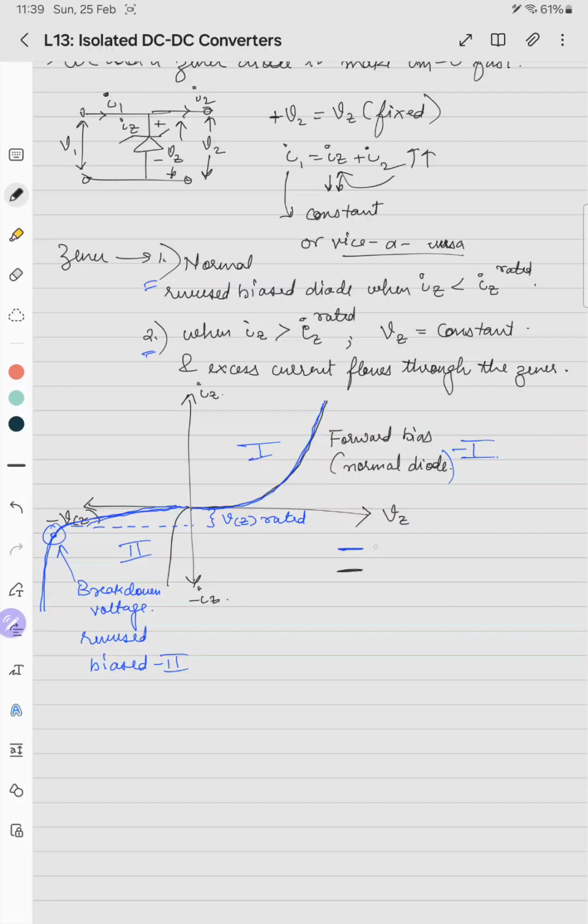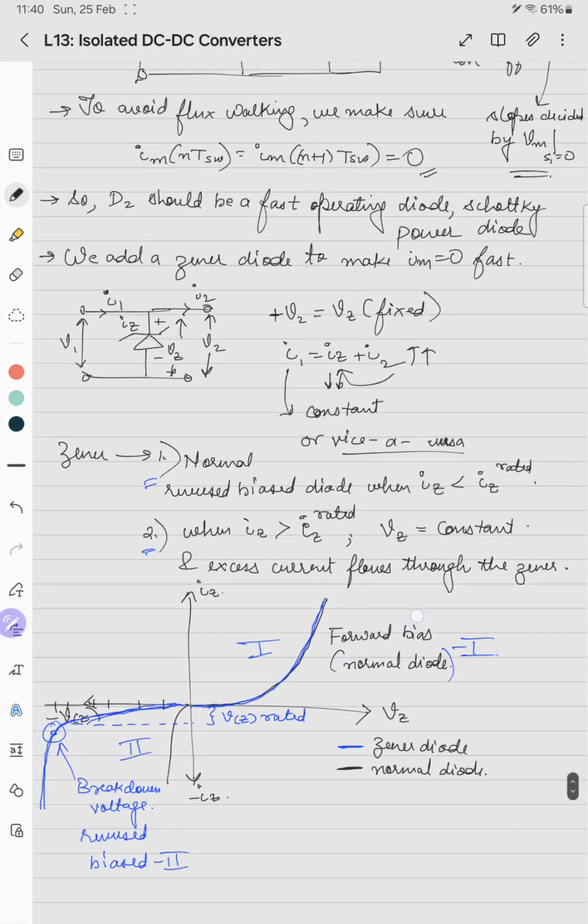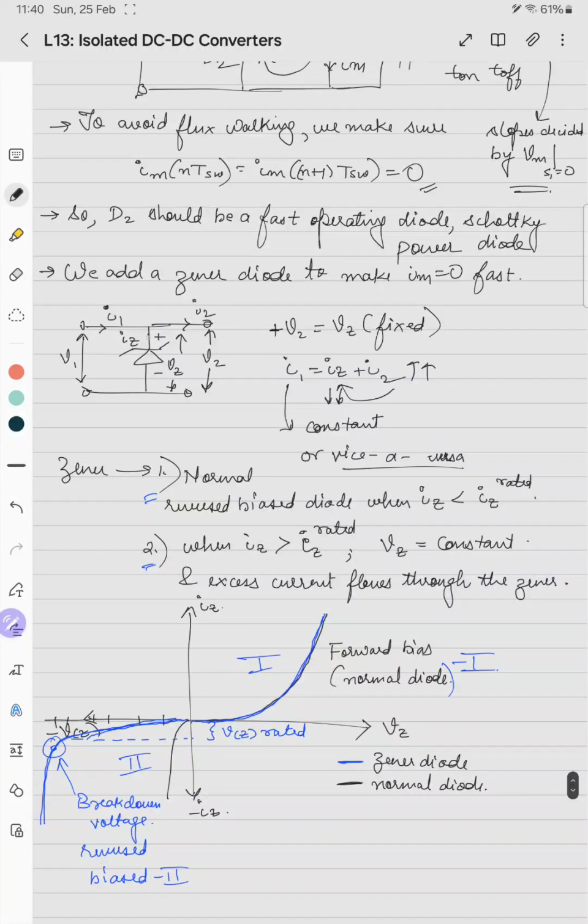This is a Zener diode and this is a normal diode. A Zener diode will consume whatever is the current in it in the negative direction. So the negative direction current is this.